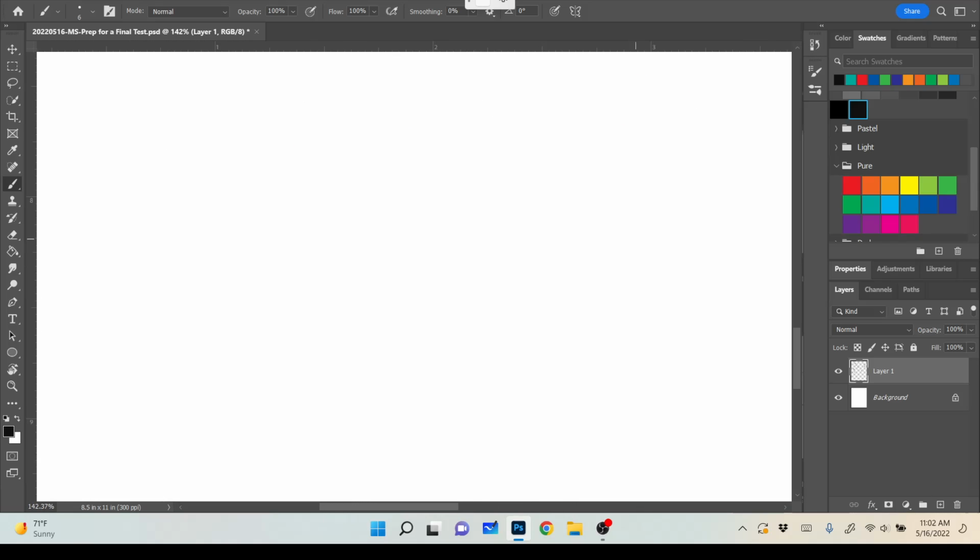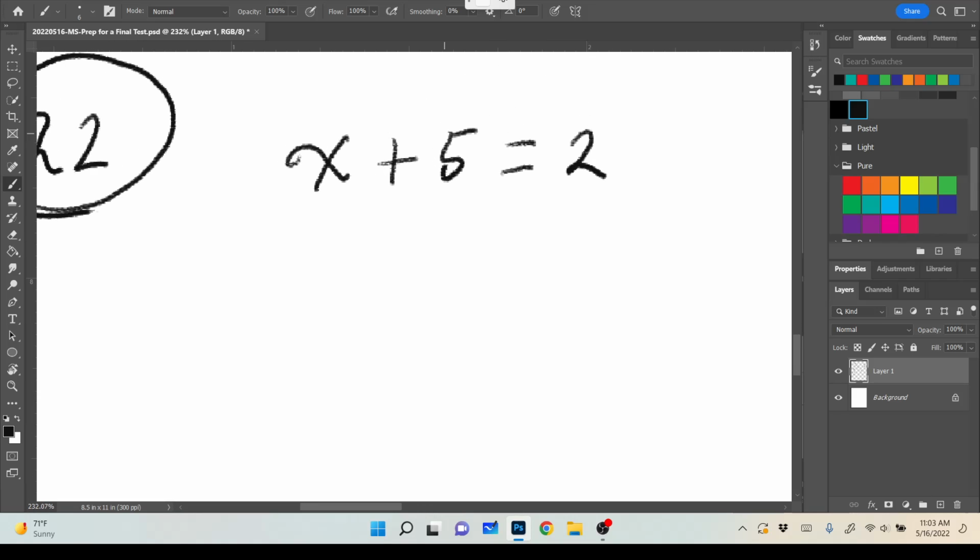Dang. 2 problems in. X plus 5 equals 2. The instructions would say solve. So what should we do? True? How? Absolutely.